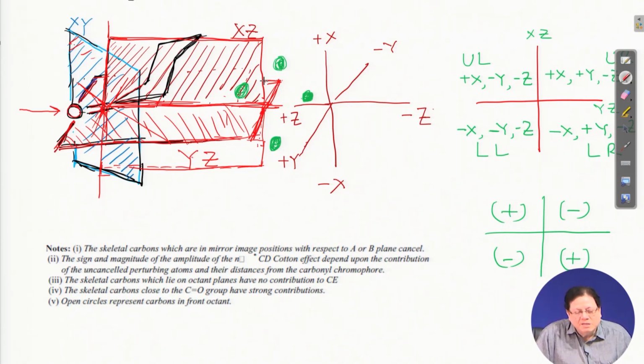This is what are called the octants. In a 2-dimensional figure we have quadrants when you employ 2 perpendicular axes or planes. Here there are 3 mutually perpendicular planes, and that will divide the space into 8. So, that is octants.